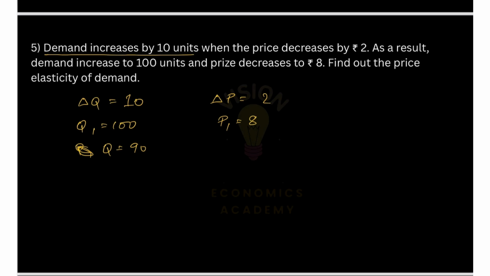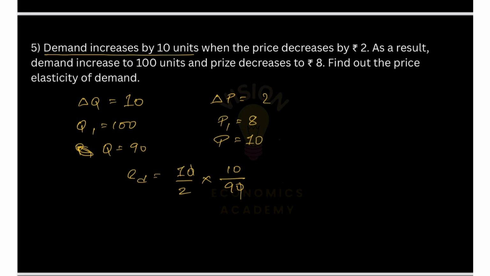So if the price has decreased by 2 and it has decreased to 8, that means the original price, or the initial price, was 10, right? So elasticity of demand equals change in Q by change in P into P, that is 10, by Q, that is 90.